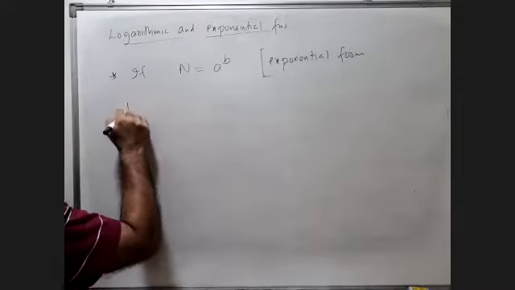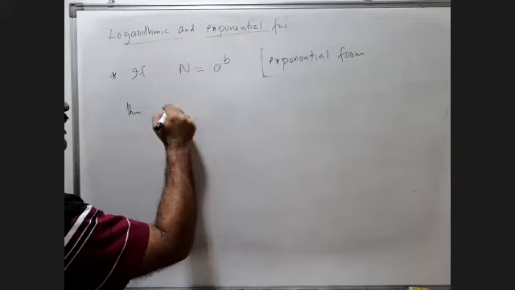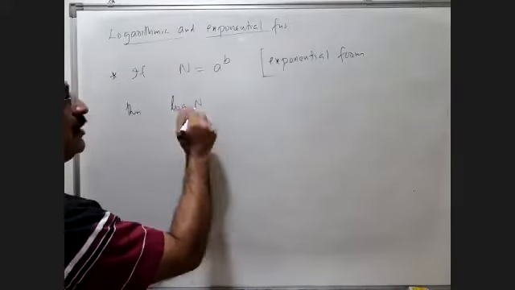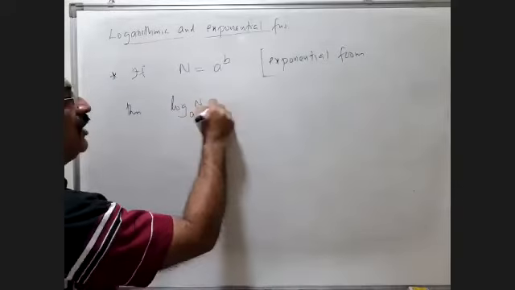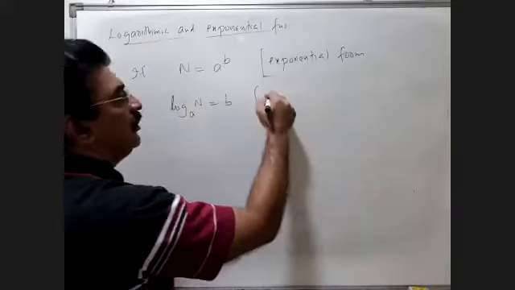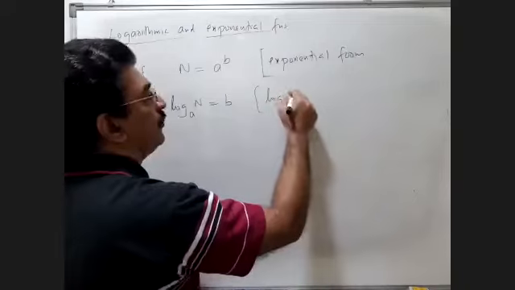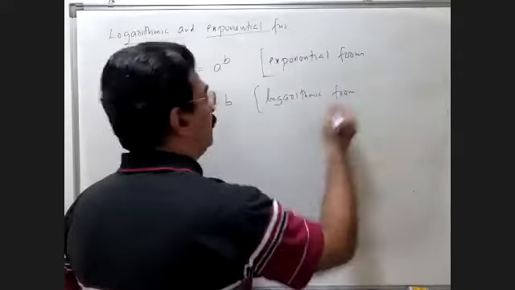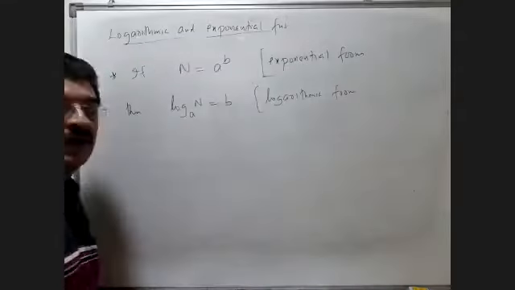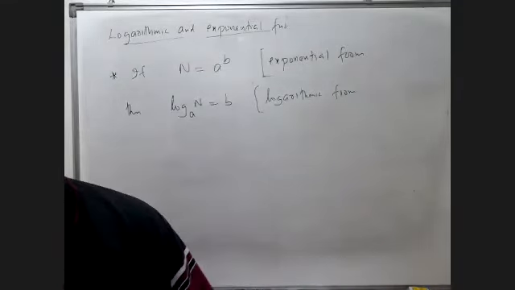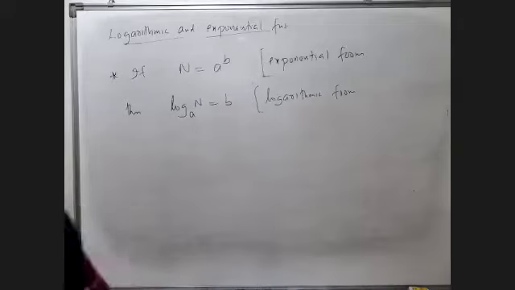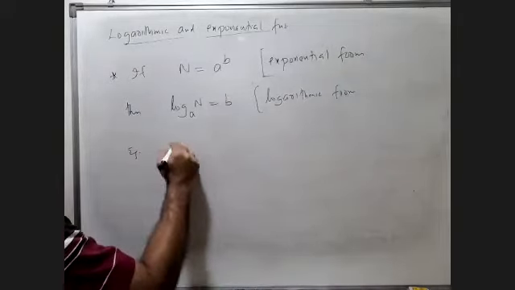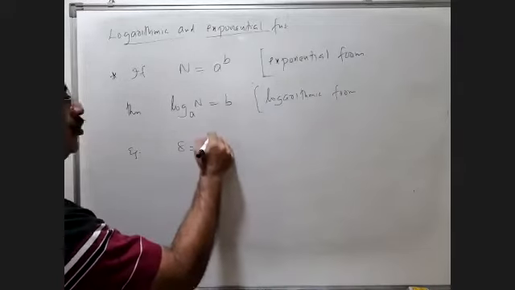Then the corresponding logarithmic form, we write log N to the base a is equal to b. This is the logarithmic form. Example: we know 8 is equal to 2 cube.